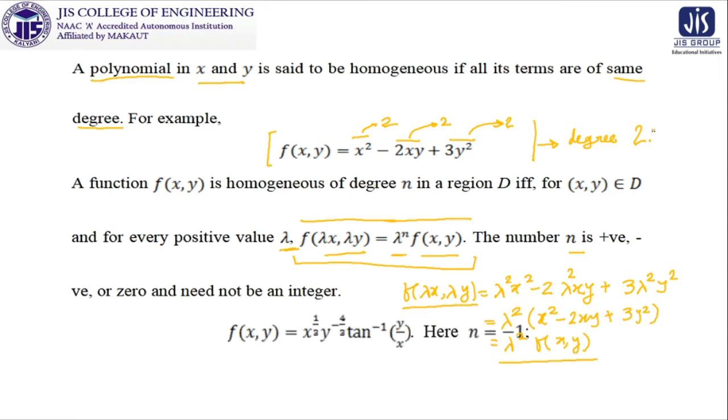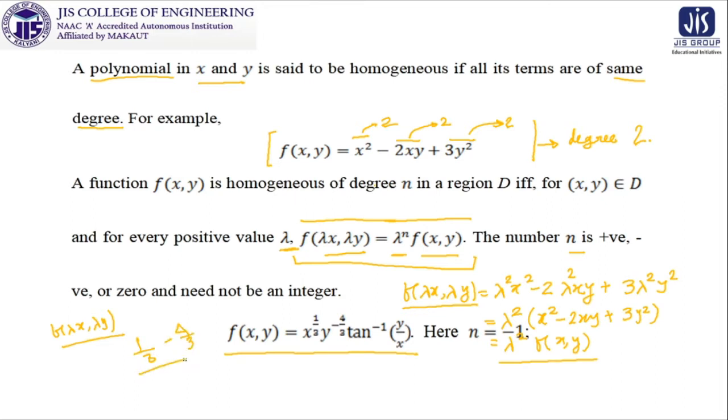And there is one more example, that f(x, y) is equal to x to the power 1 by 3 and y to the power minus 4 by 3 tan inverse y by x. So I think it is very clear for you that if you substitute lambda x, lambda y over here, this tan inverse of lambda y by lambda x will remain as tan inverse y by x, and this will give you lambda to the power 1 by 3 and then lambda to the power minus 4 by 3.